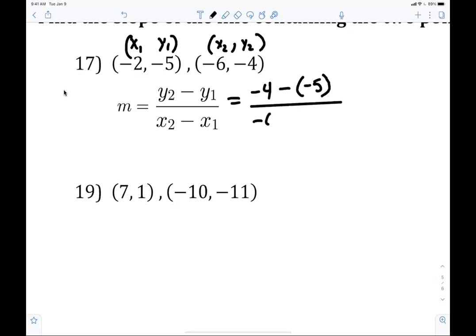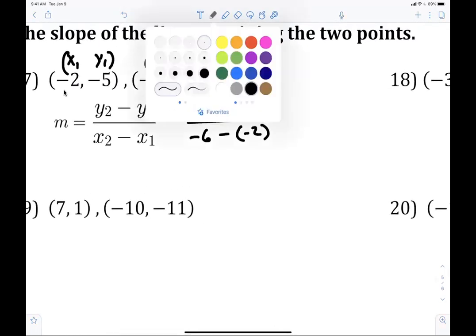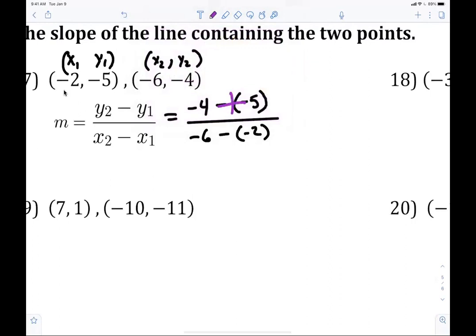Then it would be -6 minus -2. Now you know the double negatives make the positives. So what's -4 plus 5? What's -6 plus 2? -4. So the slope of that line is -1/4. Now, come on, guys, that is simple. That's a formula. Just plugging numbers into a formula.